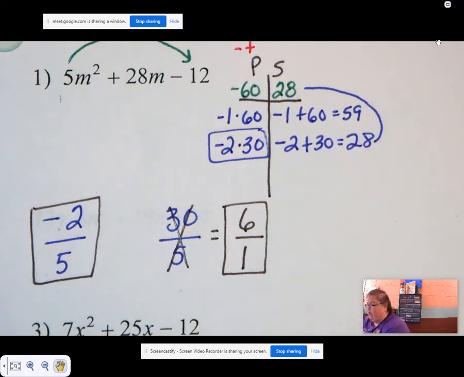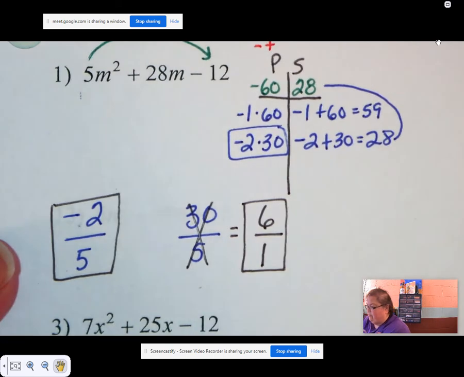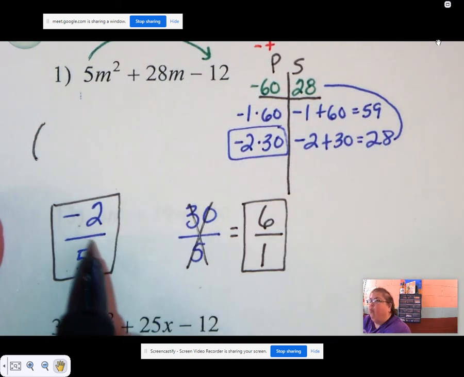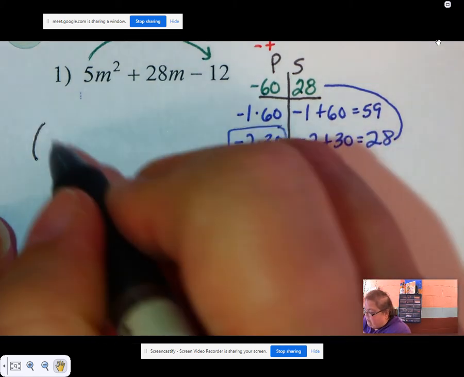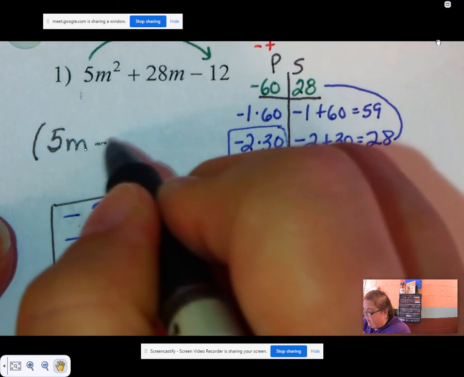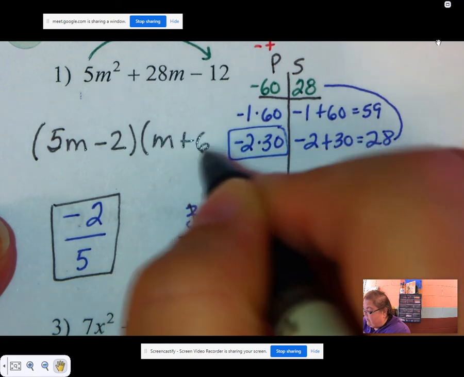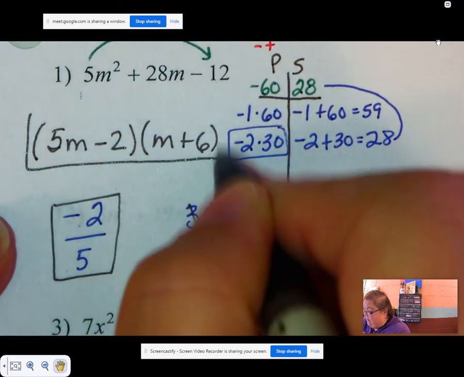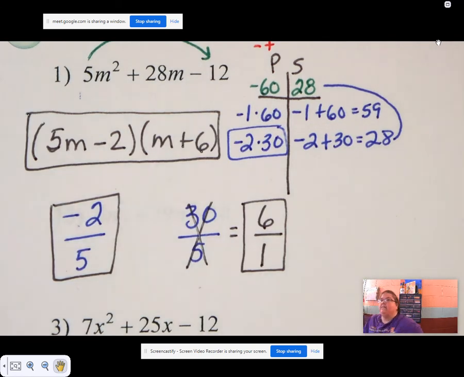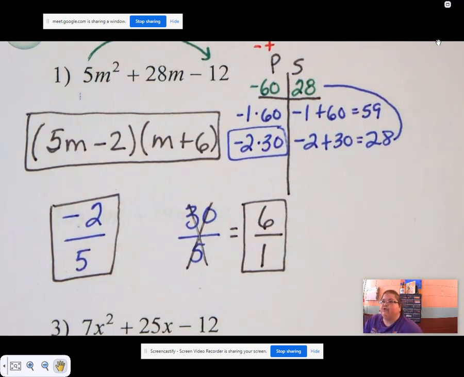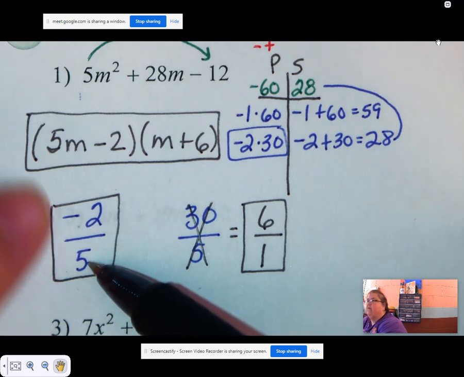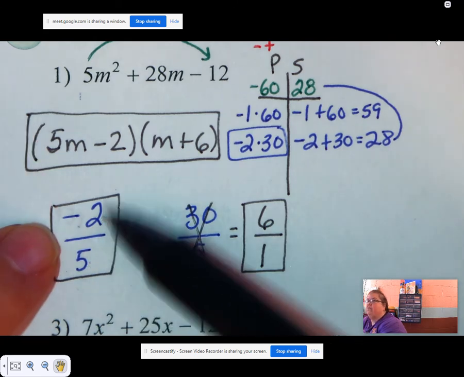Okay? So, here are my binomials. This is the first term, negative 2 over 5 m plus 6. Now, look at those for just a moment. Look where the numbers are placed. That's first. That's second term.